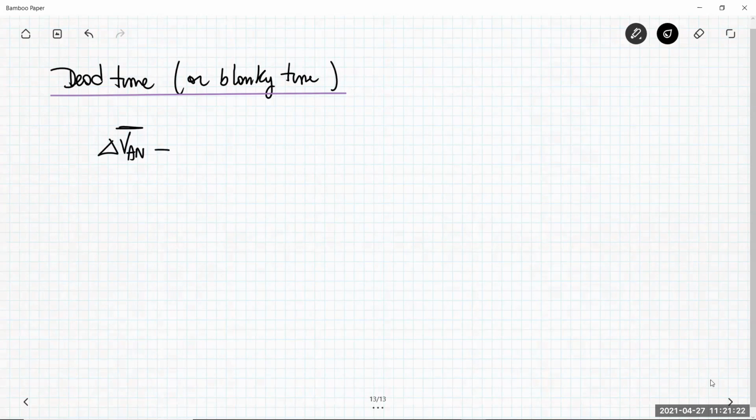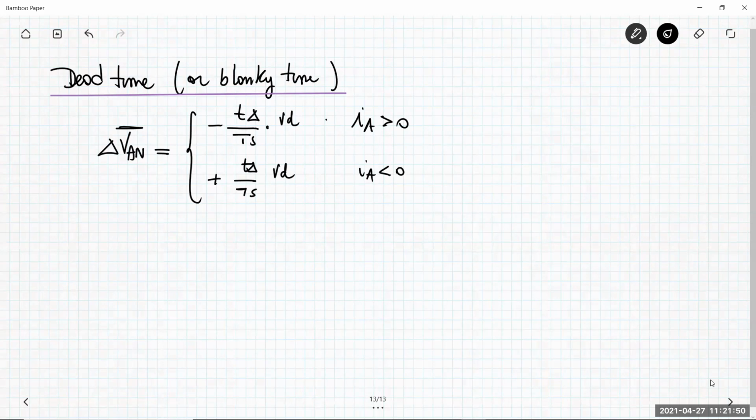So we have a variation of the output voltage in the leg of the two-quadrant converter, which is given by negative T delta over Ts multiplied by Vd when the output current, which I call IA, is positive, or positive T delta over Ts multiplied by Vd when the current is negative. This happens for the two-quadrant converter.